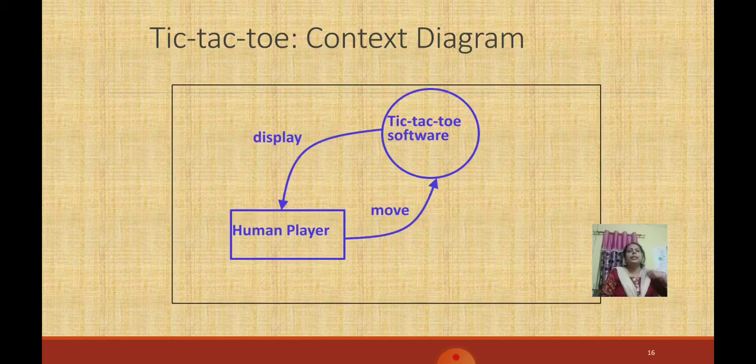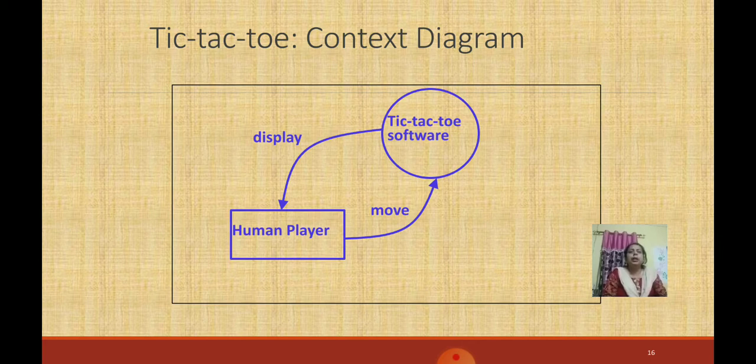So this is the example of the context diagram of tic-tac-toe software. If tic-tac-toe is a gaming software, then the context diagram, the first abstract diagram of the software, is from tic-tac-toe.